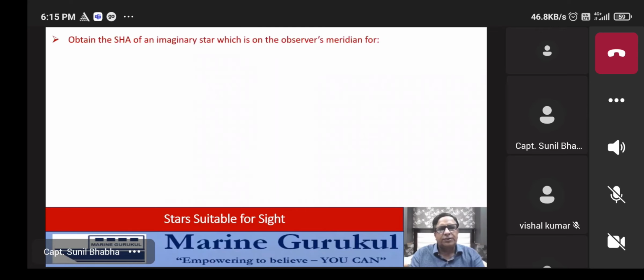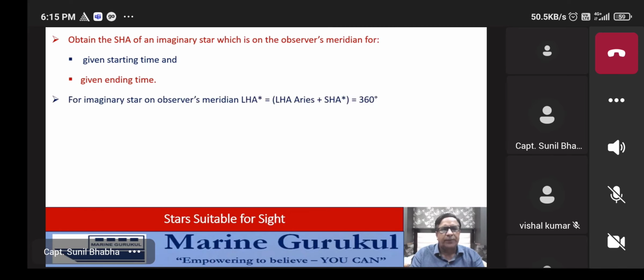To handle such questions, we need to obtain the SHA of an imaginary star on the observer's meridian, both at the beginning of the given interval and at the end of the given interval. So we get two SHA values of this imaginary star. One, when it is on the observer's meridian at the commencement of the interval, and second, when it is on the observer's meridian at the end of the interval.